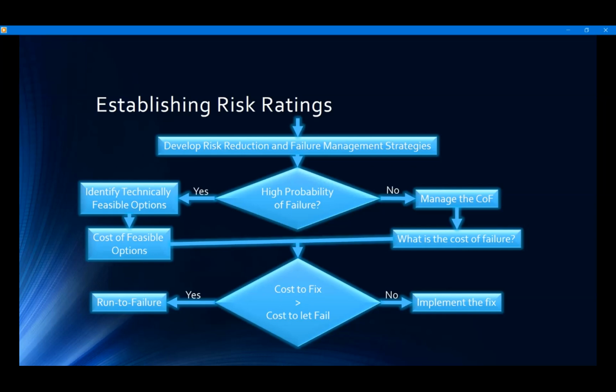Within our current AIMS program, I think we're up to about 15 different management strategies now, depending on the type of assets, the probability of failure, the consequence of failure, and how we are approaching those assets. The beautiful thing about management strategies, and especially within our AIMS program, is it's a constantly evolving strategy.